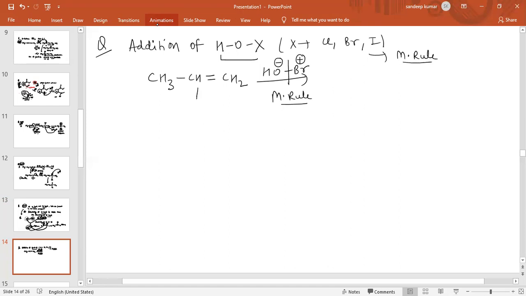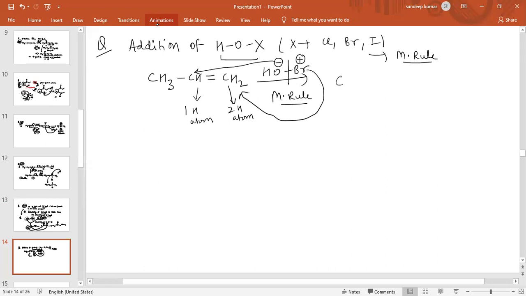Now on this carbon atom there is only one hydrogen atom, on this carbon atom there are two hydrogen atoms. So the negative part will add to the carbon atom with less number of hydrogens, and the positive part will add to the carbon with more number of hydrogen atoms.